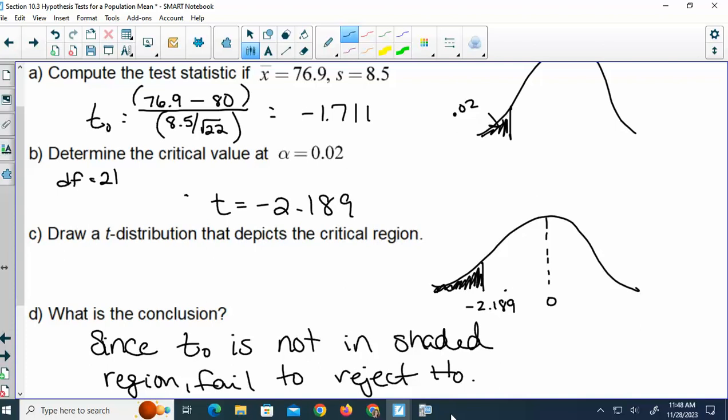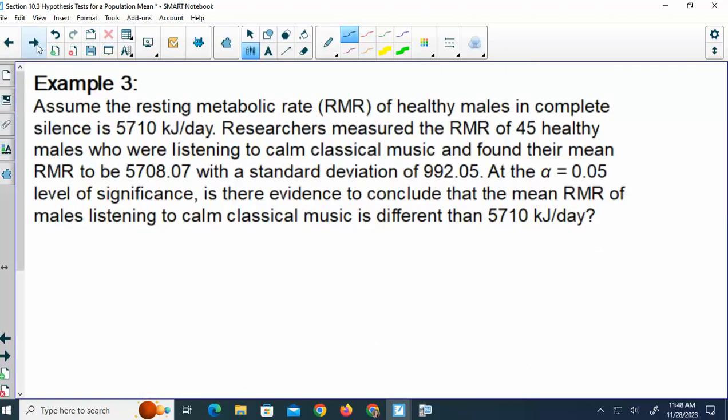So let's talk through using a different approach. So assume the resting metabolic rate, RMR, of healthy males in complete silence is 5,710 kilojoules per day.